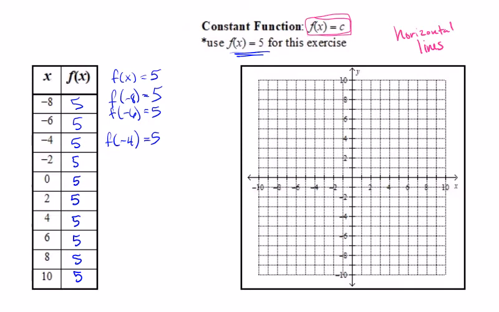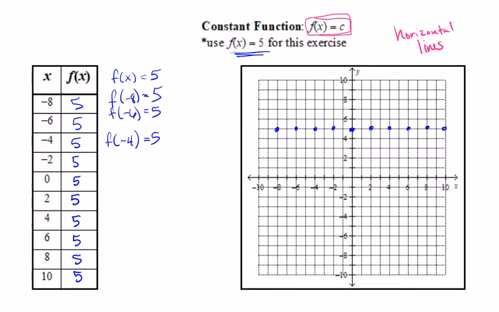If I plot those points, the first one, -8, 5 is right here, then -6, 5, -4, 5, -2, 5, 0, 5. There's the y-intercept. Then 2, 5, 4, 5, 6, 5, 8, 5, and 10, 5.